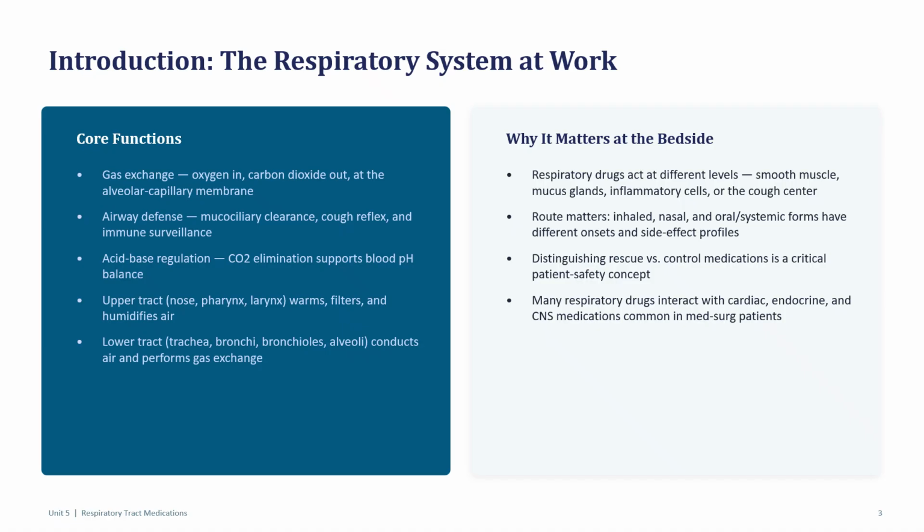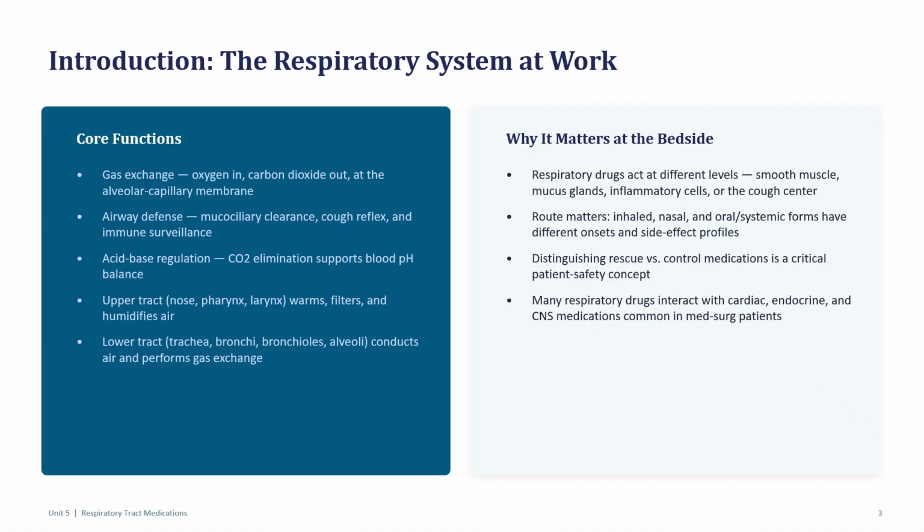So let's get into an introduction of the respiratory system. Before we even start talking about any medication names, let's just remember what the respiratory system is actually doing, because every side effect or contraindication of these medications can trace back to one of these jobs of the respiratory system. At the most basic level, the lungs are doing gas exchange.